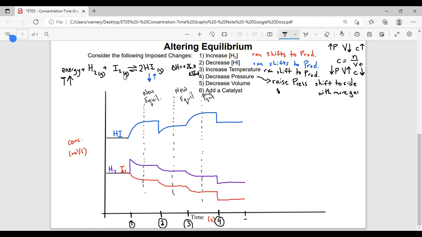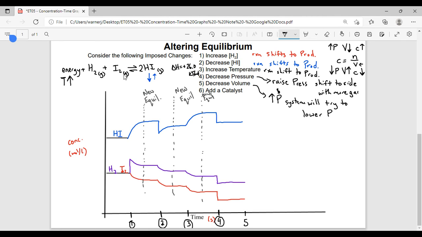Our other change here was a decrease in volume. So again, think about a decrease in volume as being an increase in pressure. So the system will try to lower pressure in response.